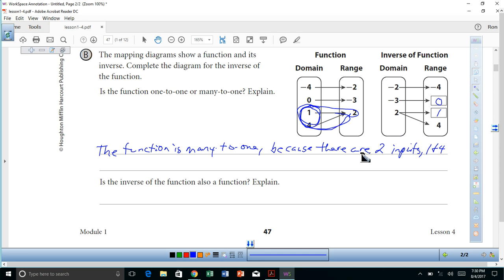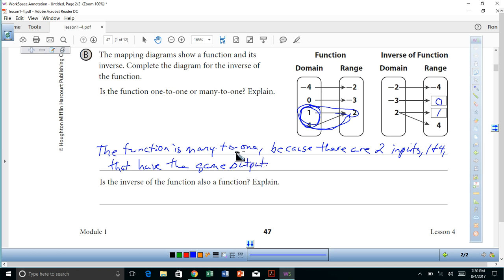Two inputs, 1 and 4, that have the same output. Please don't let your English teacher see this because my grammar is not exactly perfect.